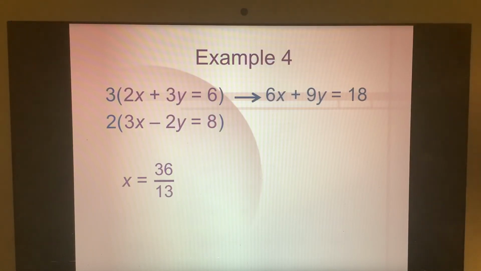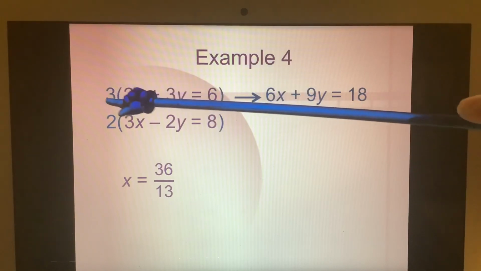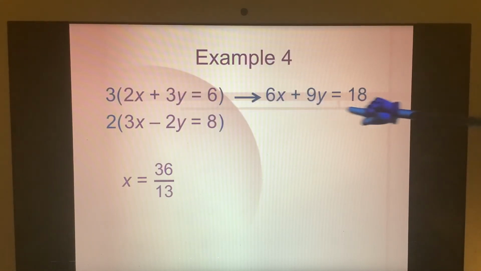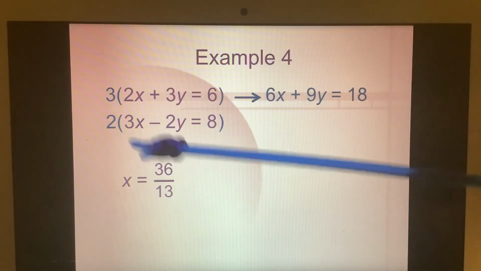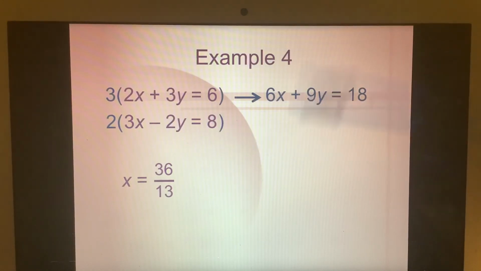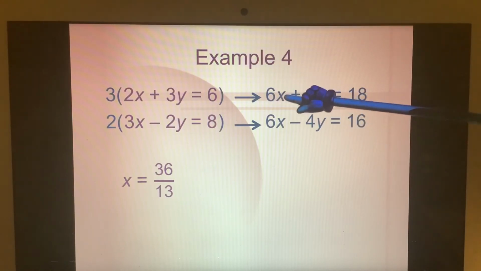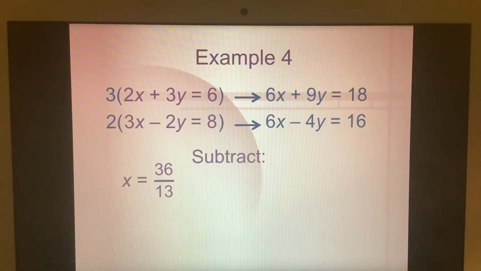So here's my new equation. I multiplied the whole thing by 3, and that's what I get. I multiplied this whole equation by 2, and then here's my new equation. And then look, when I subtract 6x minus 6x, what does that give me? 0.